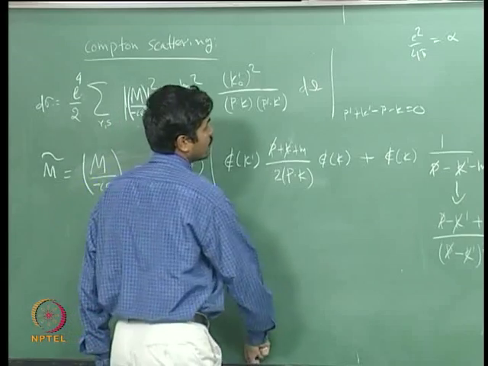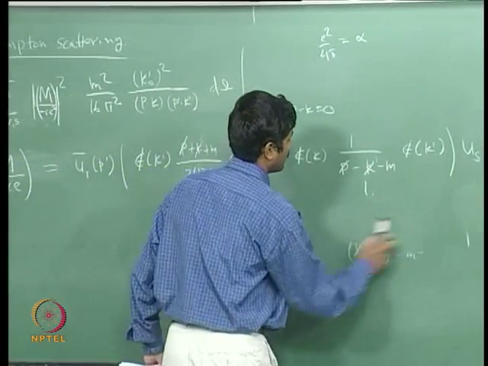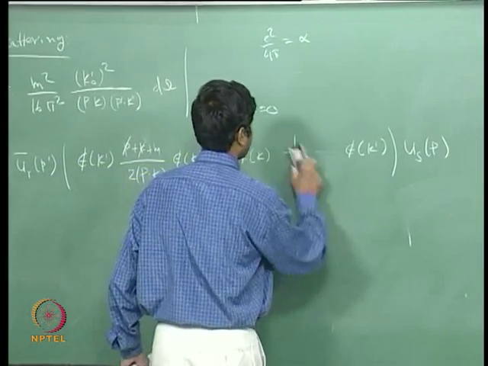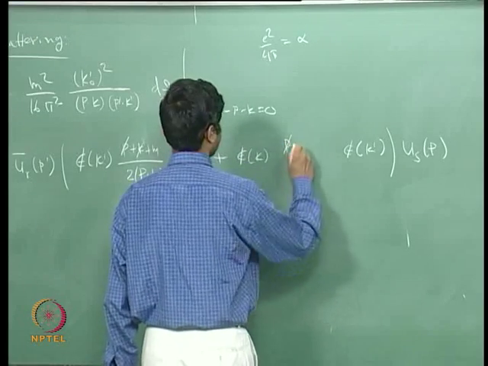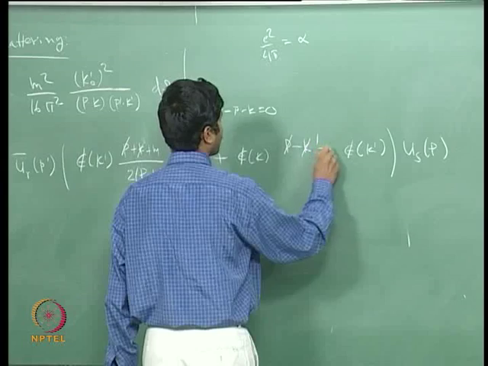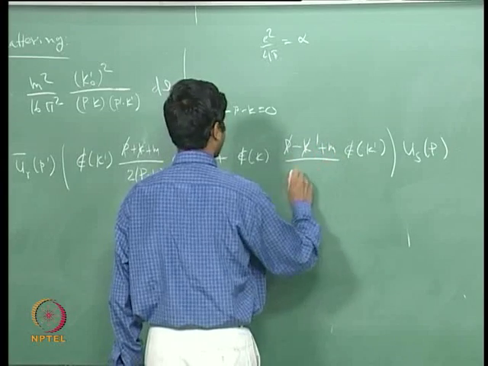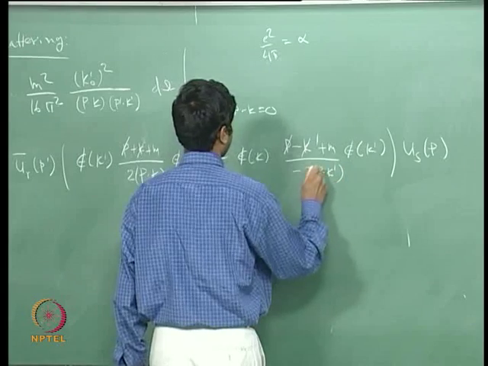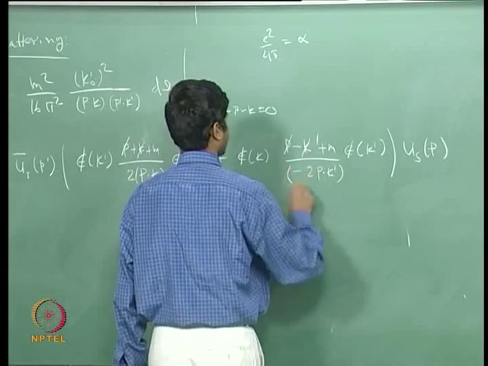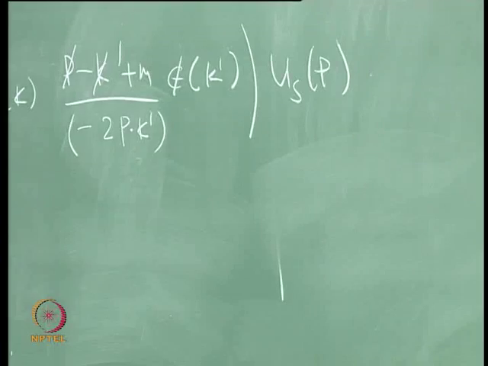Here, p slash minus k prime slash plus m divided by minus 2 p dot k prime. This is what I get.